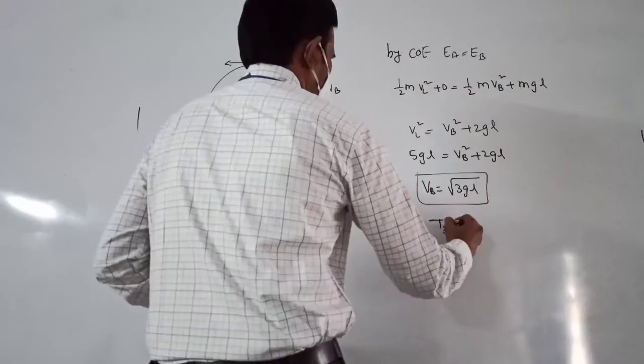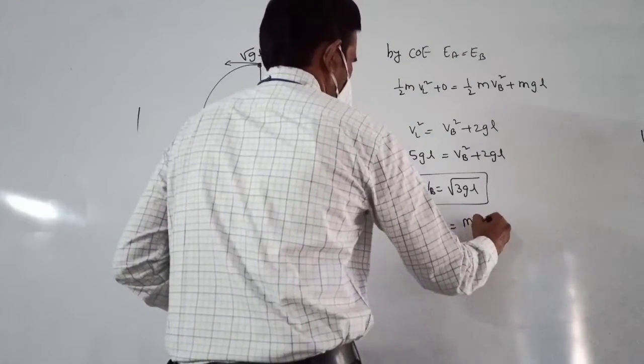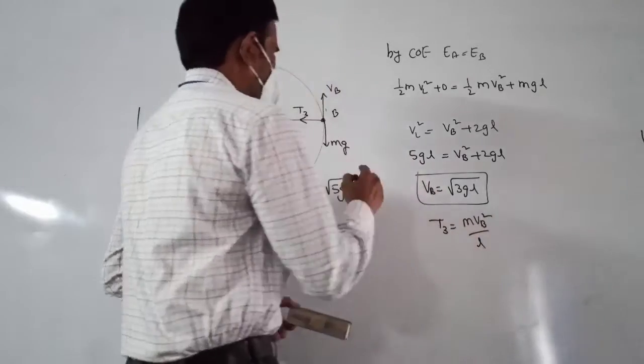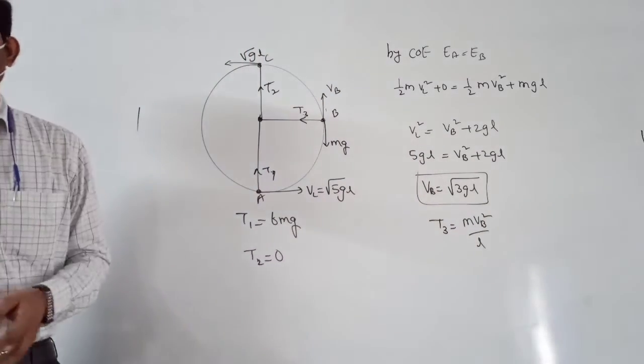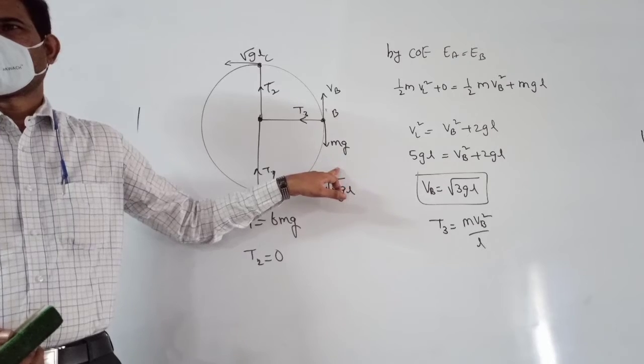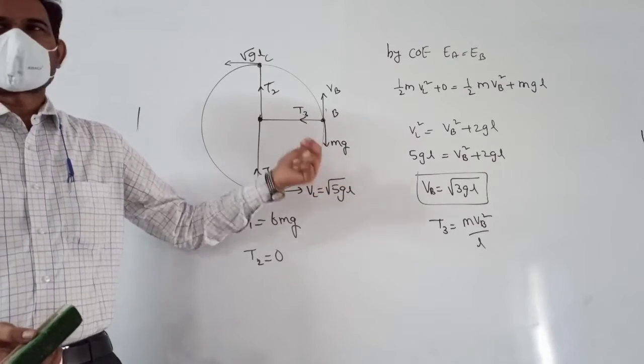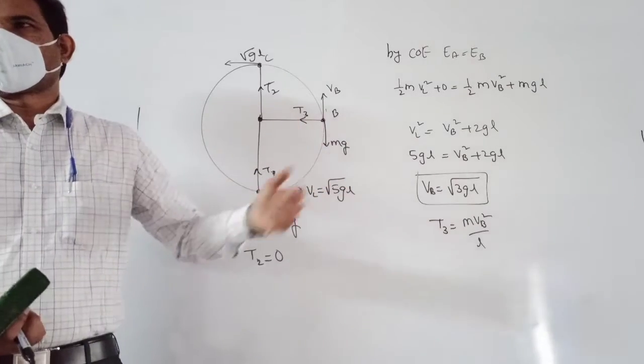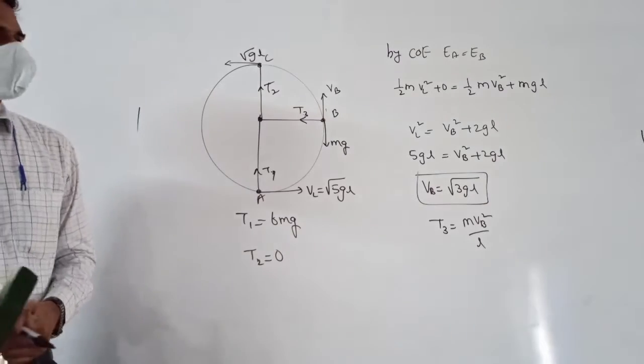Then what about this mg here? Is there any role of this mg here, or is there any effect of that mg on velocity? Yeah, that will produce the tangential acceleration here. So for this position sometimes they will ask what is the tangential acceleration when it becomes horizontal?